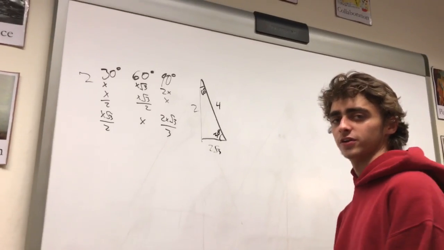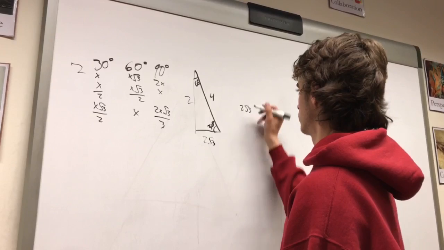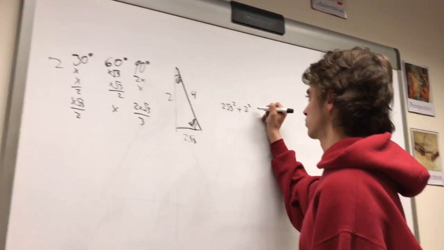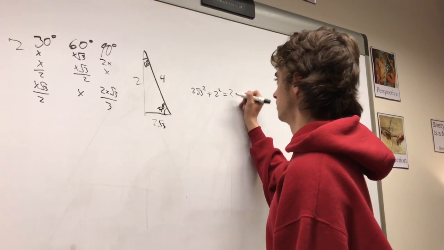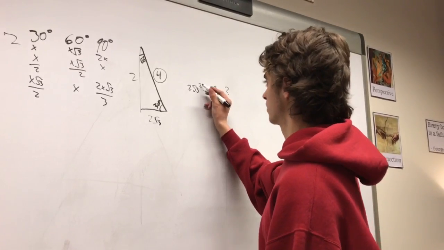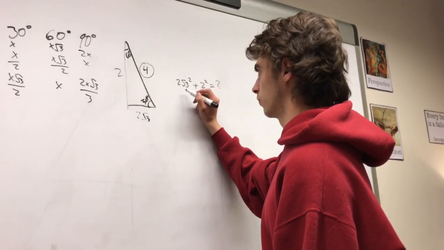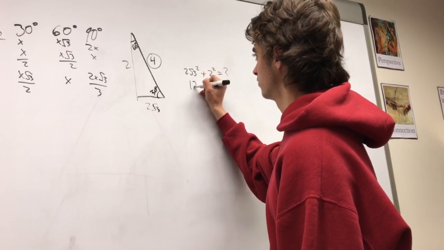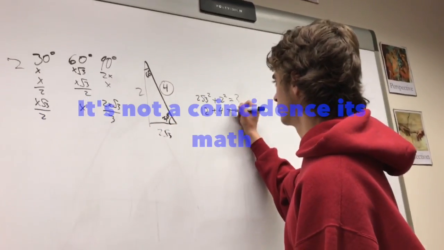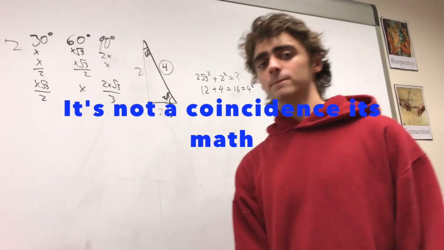Let's plug that into Pythagorean theorem, why don't we? 2 root 3 squared plus 2 squared should equal 4 squared. Let's check to see if we're right. So, root 3 squared is 3, 2 squared is 4, so 4 times 3 is 12, plus 2 squared, which is 4, which equals 16, which is 4 squared.